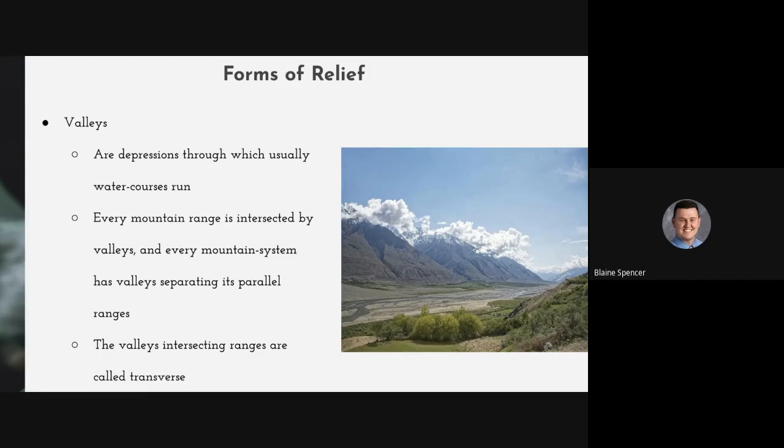Okay, so when you look at this picture, here's a mountain range right here, a mountain range over here. And so this entire thing is called a mountain system. And there's a valley that is separating it, with this water that is intersecting it. Okay? Does that make sense?